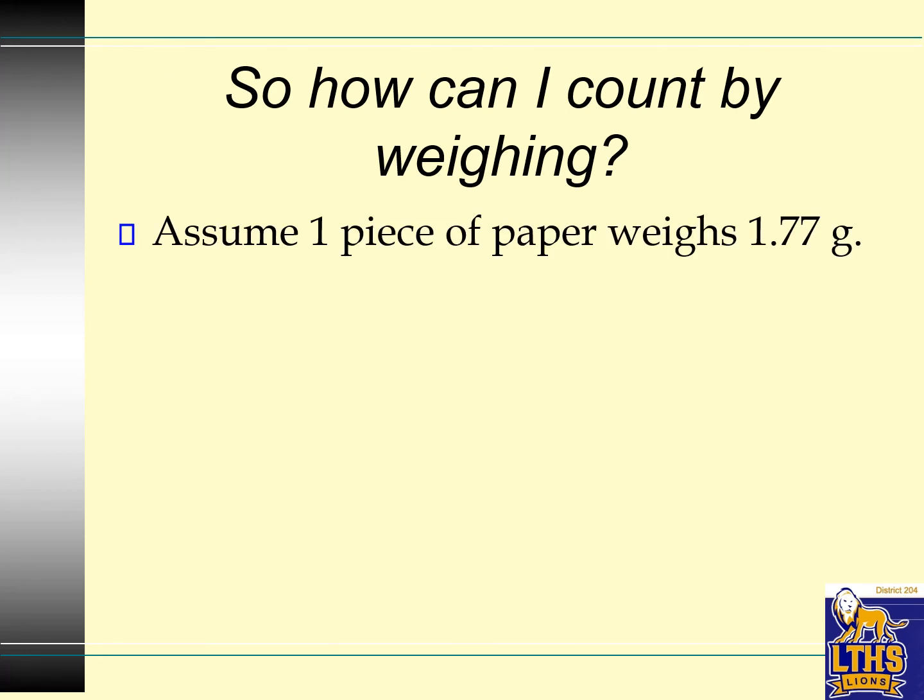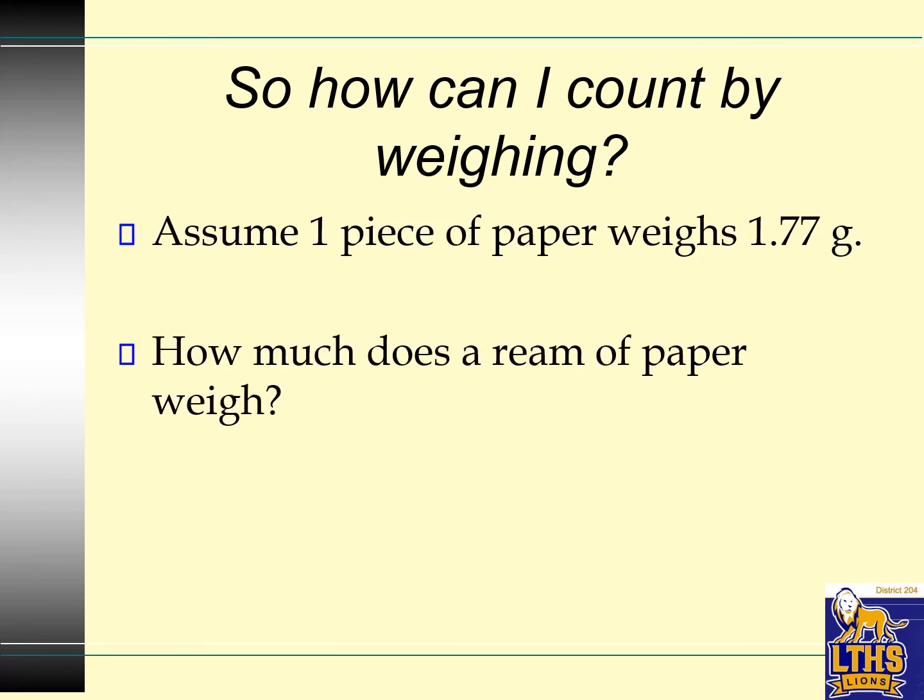If one piece of paper weighs 1.77 grams, how much would a ream of paper weigh? Since a ream is 500 things, and the things here are paper, I want to know how much it weighs.